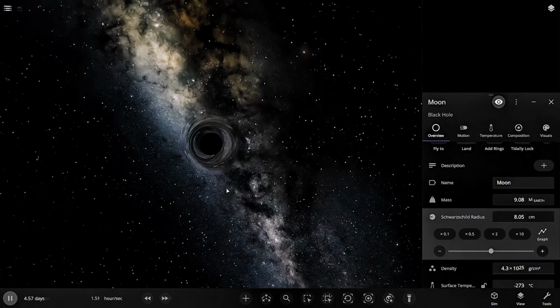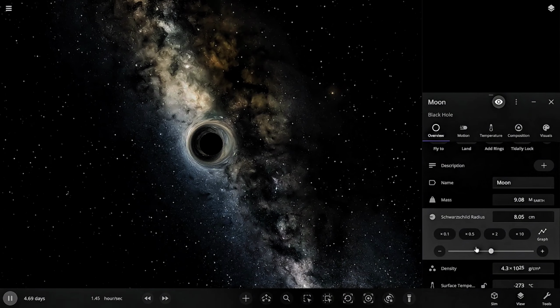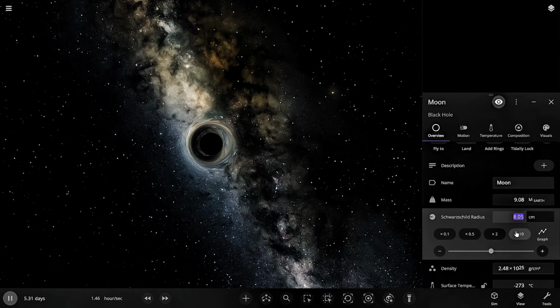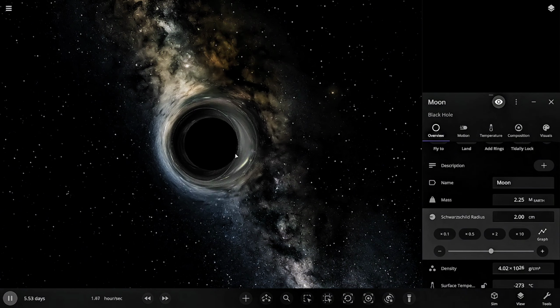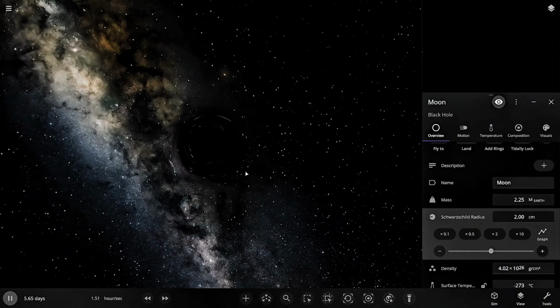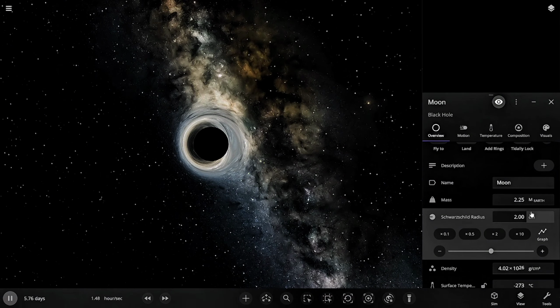And there it was. But I didn't stop there. I wanted it coin-sized. So I compressed it down to just 2 centimeters, holding more than twice the mass of Earth. That's not density, that's gravity, pushed to the limit. But there's a problem.